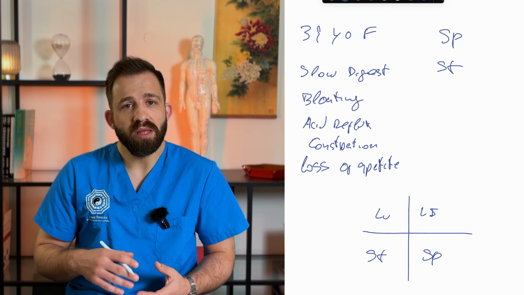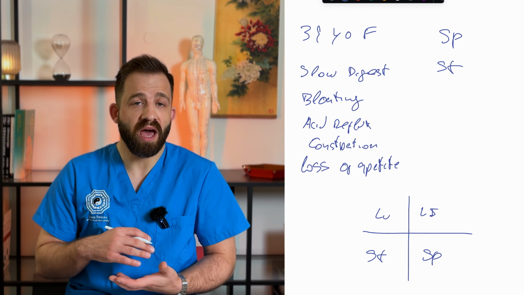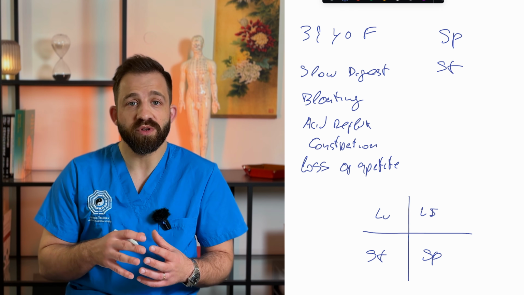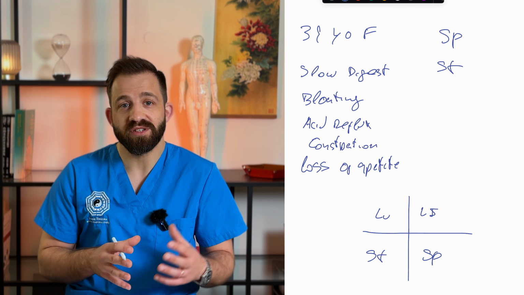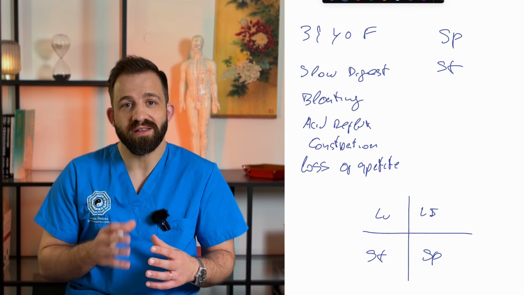Well, the main problems are around her abdomen, so we would be using points from the elbows and from the knees. Aren't the point combinations that we've just studied from Wang Ju-Yi exactly in these locations?